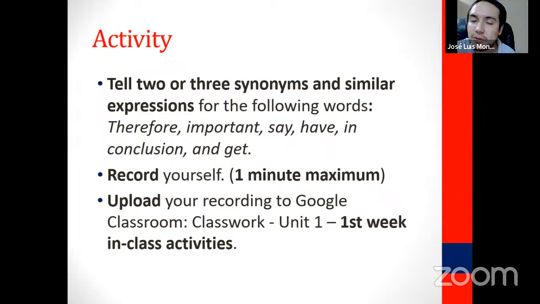For example: therefore, important, say, have, in conclusion, and get. Therefore: you can say as a consequence, as a result, consequently, thus. Okay, those are some synonyms. Important: vital, pivotal, essential. Say: declare, command, state.